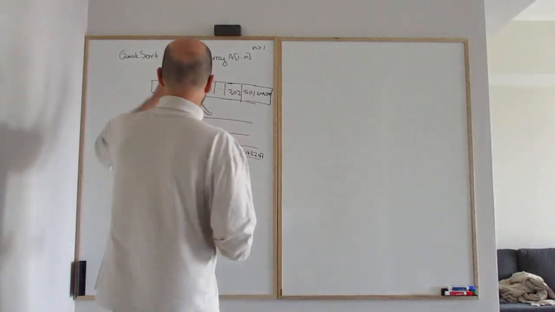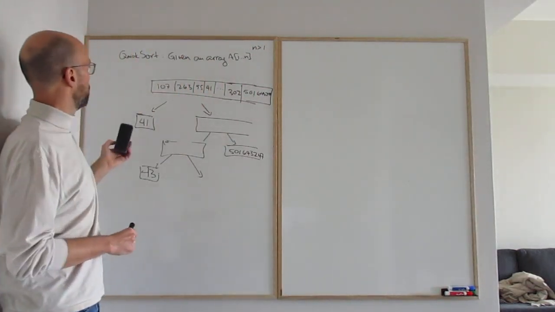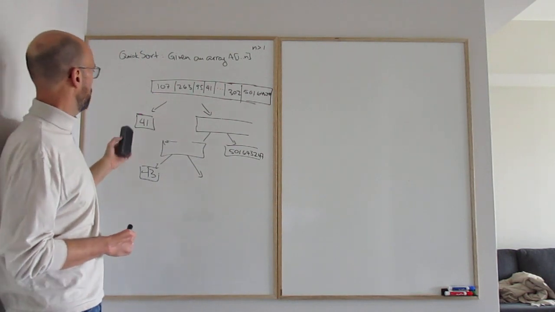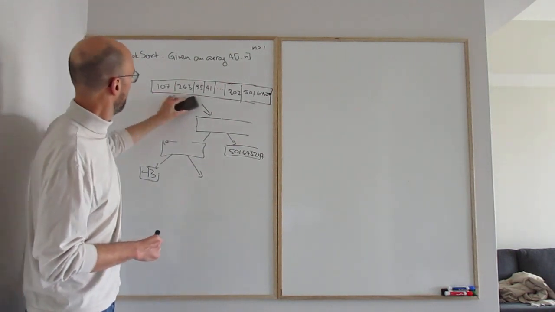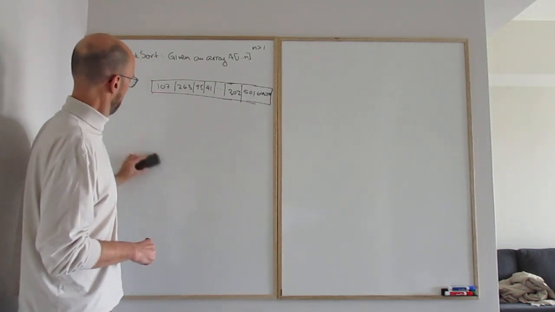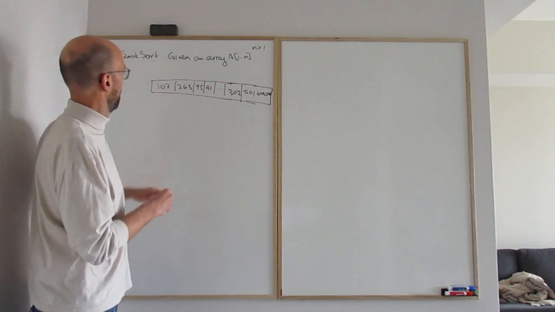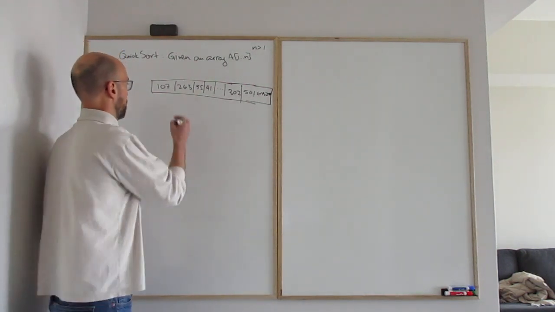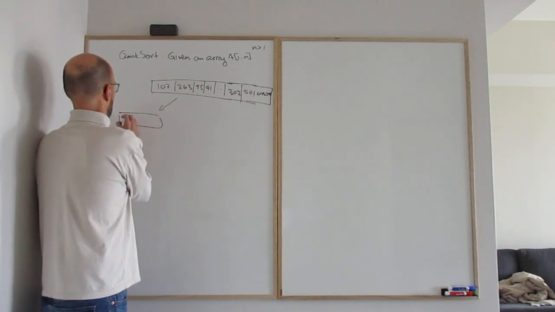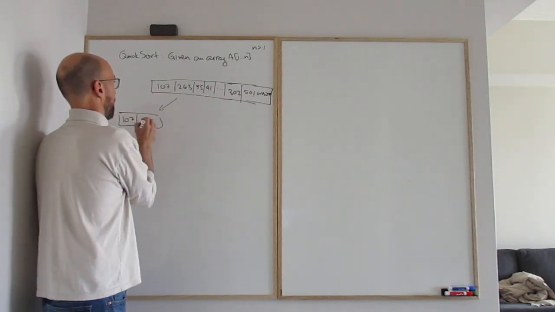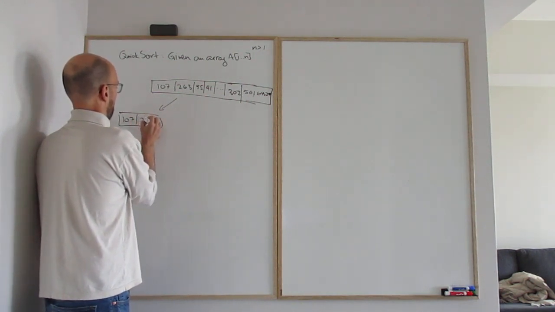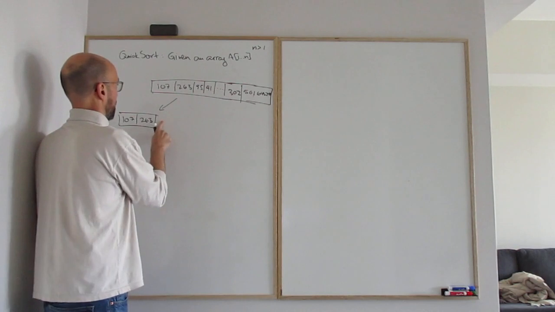So for example, if we choose 263 as the pivot, then this is going to go into 107 and 263 and 95.